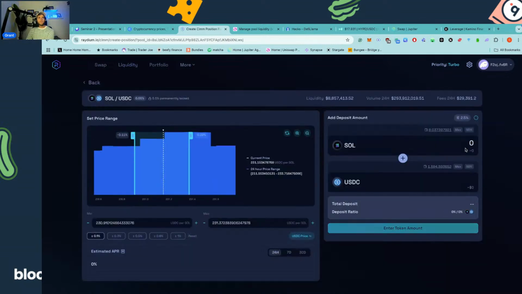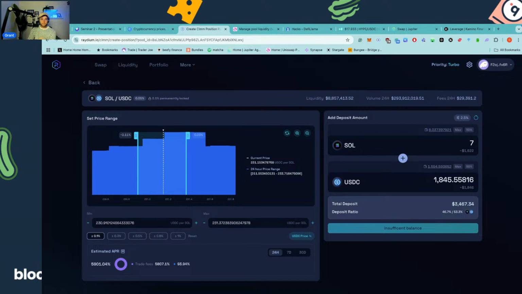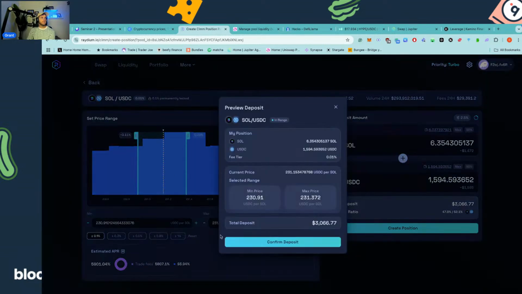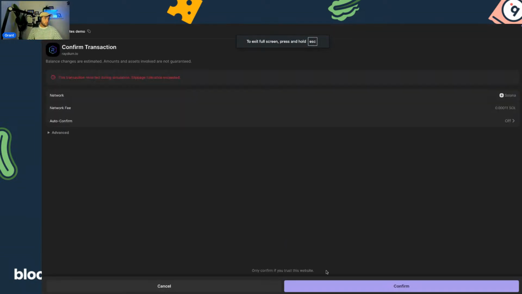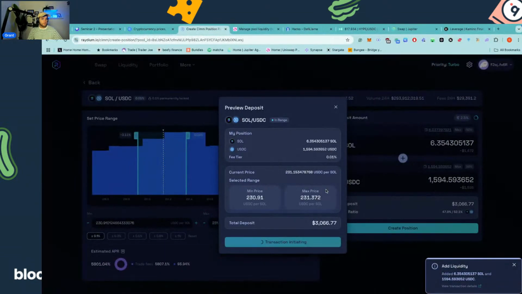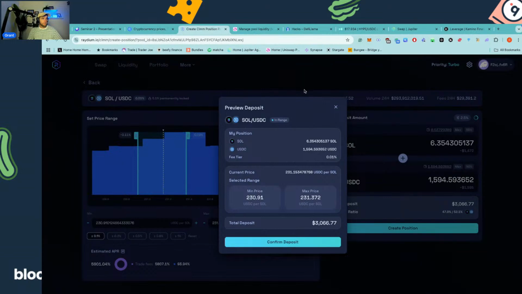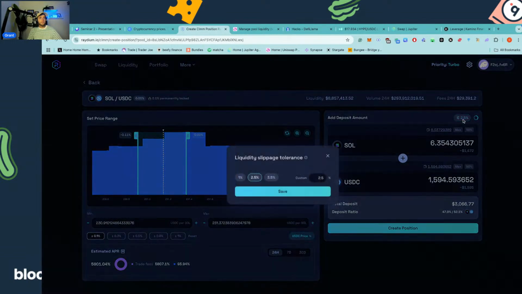So deposit how much Sol you want to put in, or you just max out the bottom one. Create position. Let's see if this goes through. No, didn't go through.